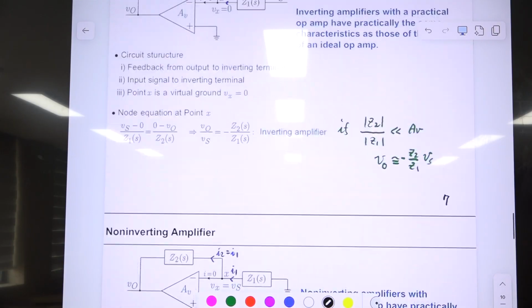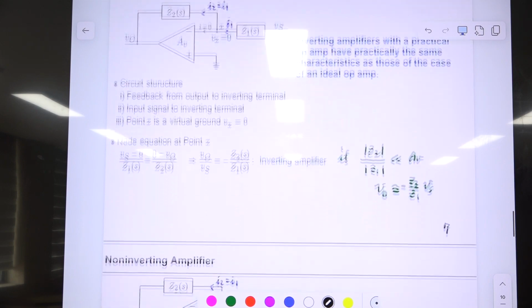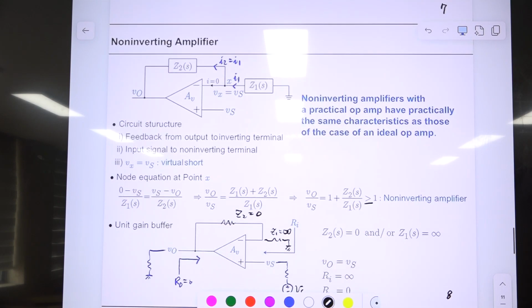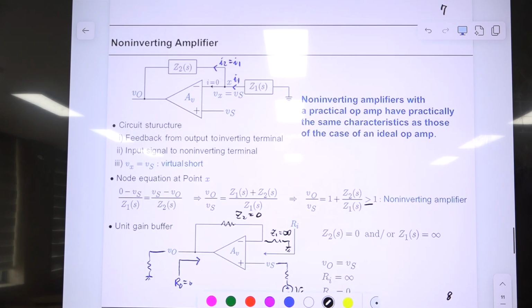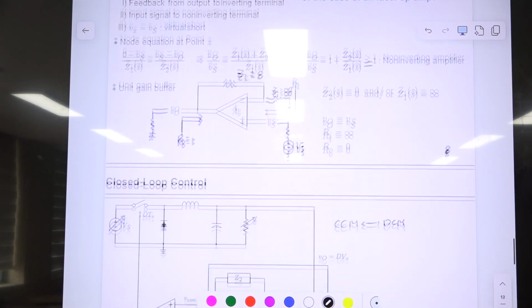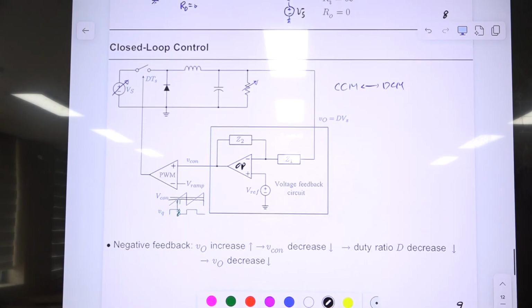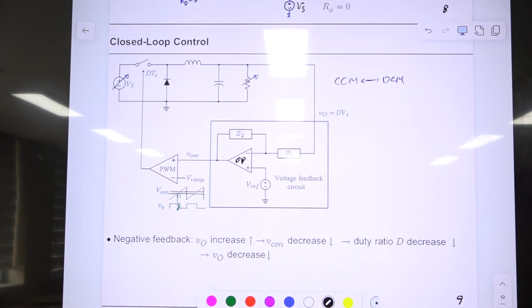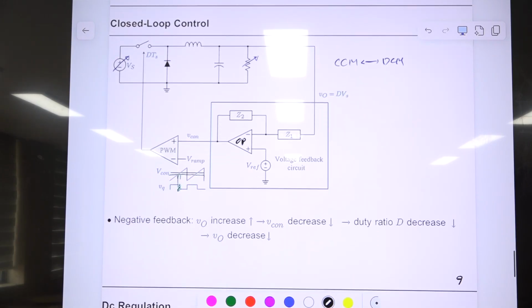This is about the inverting amplifier and the non-inverting amplifier, and the content of these two lecture slides will come again in a later lecture slide, right? And let me discuss the closed loop control. We went through this several times previously already.